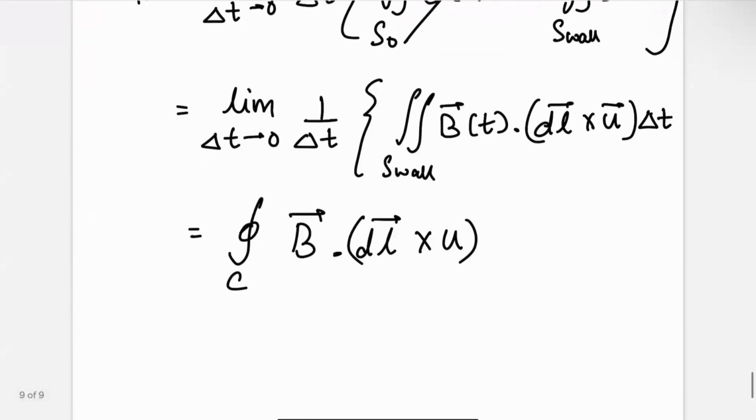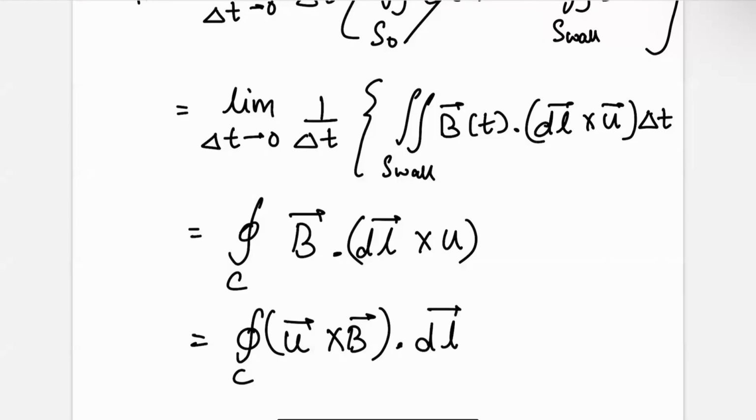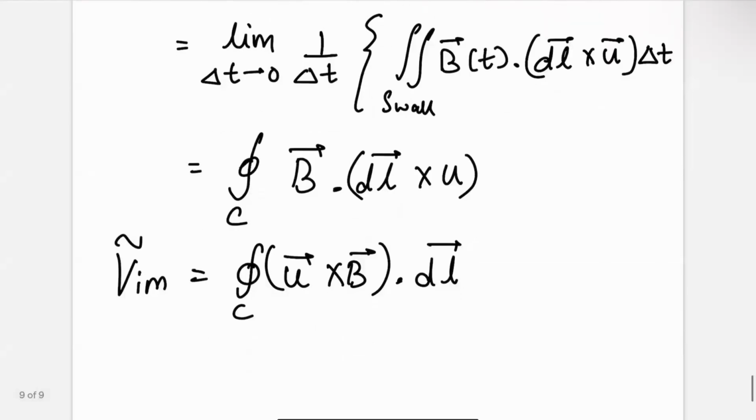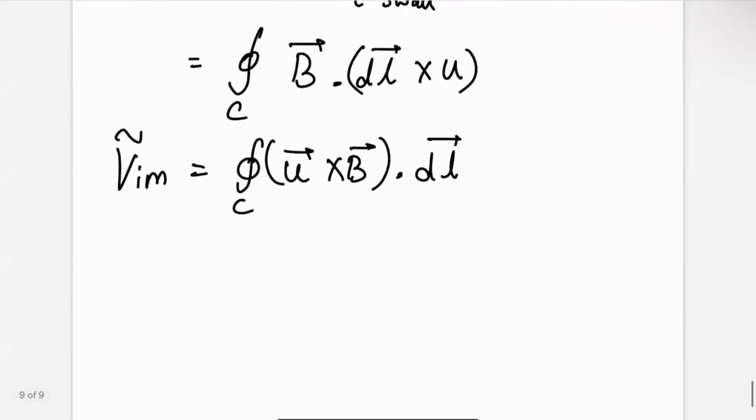Okay, and we can rearrange the terms using vector identities as u cross B dotted with dl. This is our VIM, right? So we can put VIM and VIT together and write the full relationship.